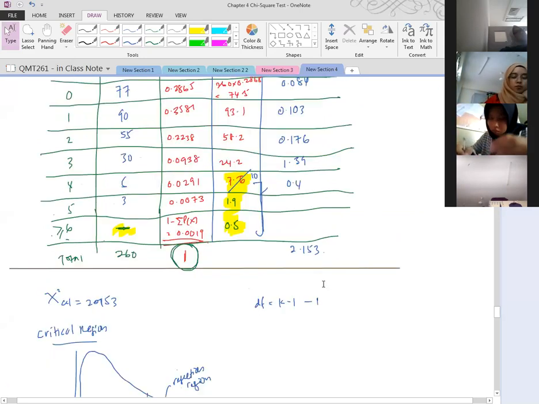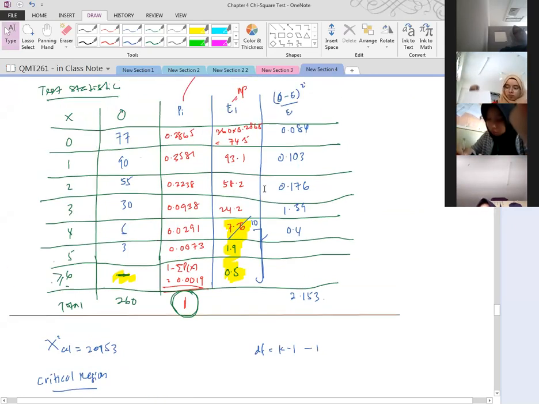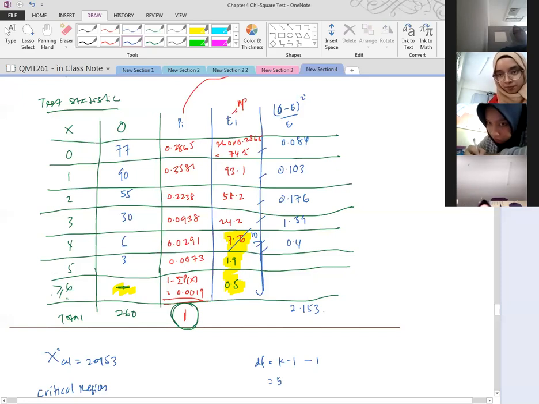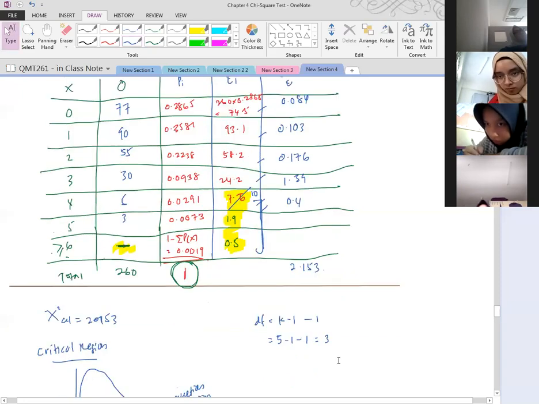So how many k do we have? We have 1, 2, 3, 4, 5. We only have 5 categories. So k is 5 minus 1 minus 1, which is 3. So our degree of freedom is equal to 3.